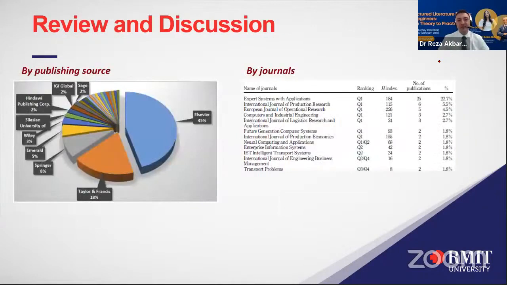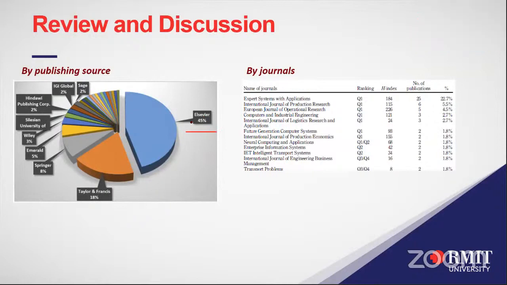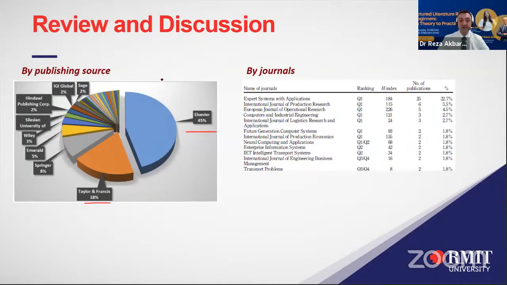Now, you can actually look into publishing sources. For example, we looked into Elsevier. Most of the papers, 45% of them, have been published in Elsevier. Then 18% in Taylor and Francis. From all those 110 papers, we summarize them and try to analyze what's actually happening, what's trending, and which journals or databases they're publishing more in.